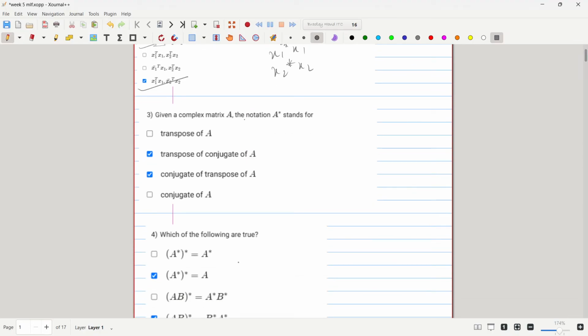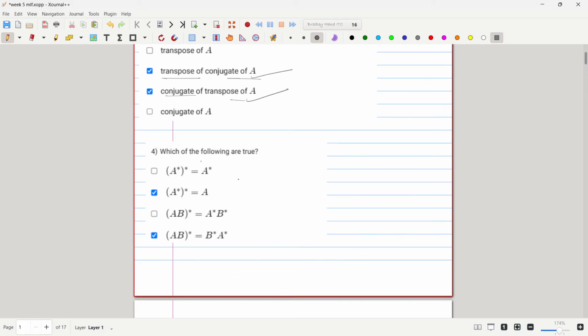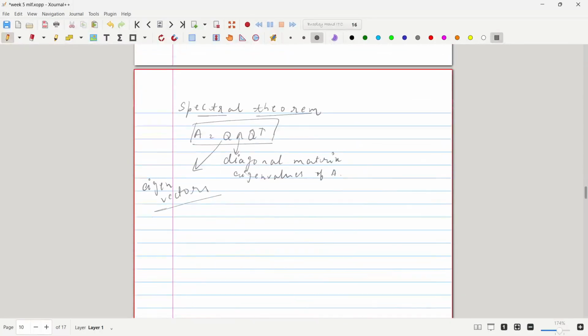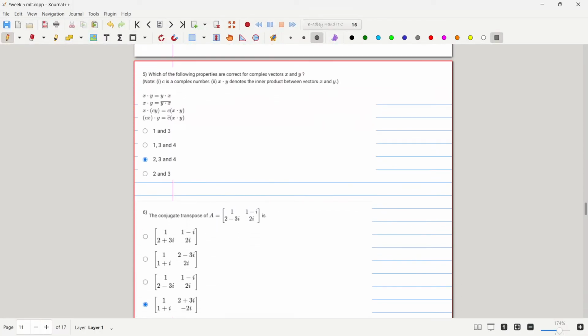Given a complex matrix, the notation A star stands for the conjugate transpose of A, or conjugate of transpose A. You can do it both ways. These are the properties: A conjugate transpose raised to whole conjugate transpose will be equal to A, and (AB) whole conjugate transpose will be equal to B conjugate transpose into A conjugate transpose. And then, the following properties are correct for complex vectors x and y. See, x dot y is generally not equal to y dot x, so this is not the correct property.